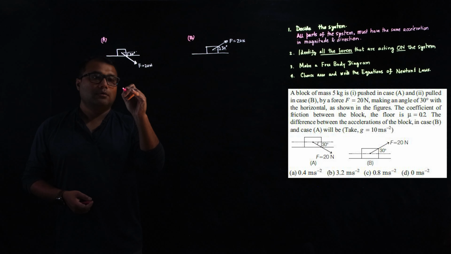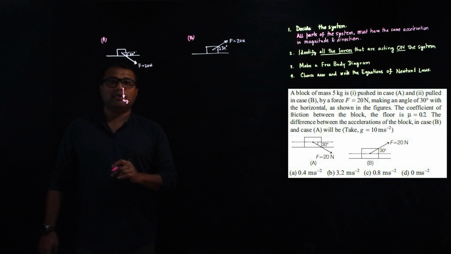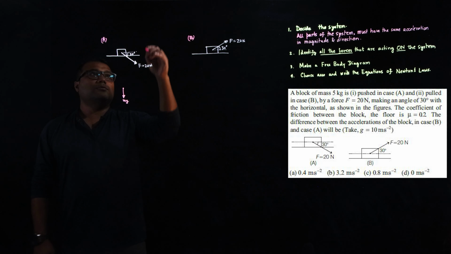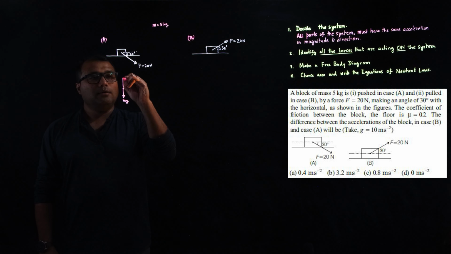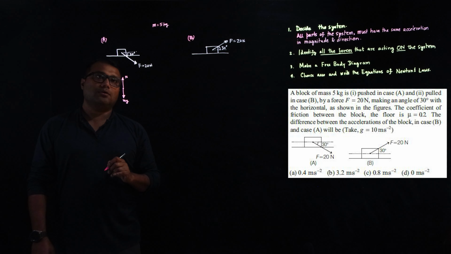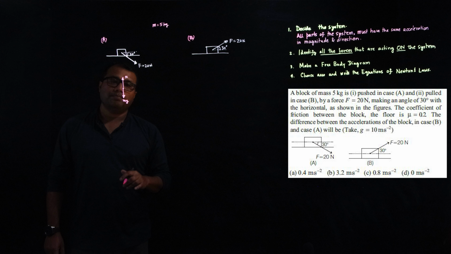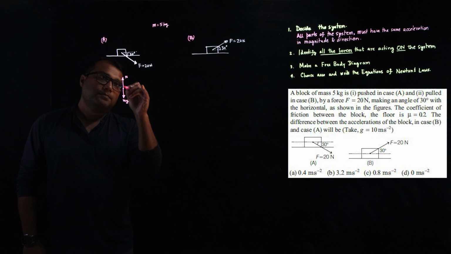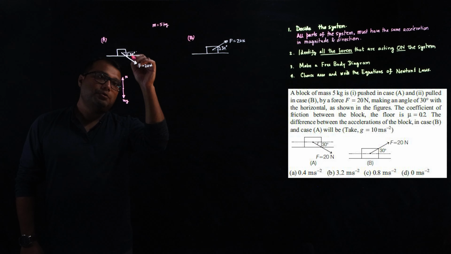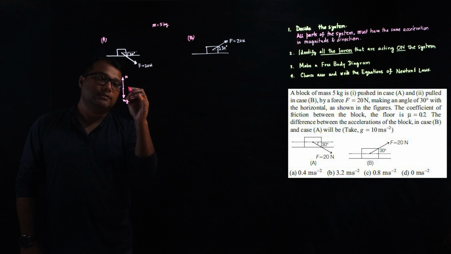So this block has weight mg. Did they give the mass of the block? So mass in both cases is 5 kg. Okay, so mg. Then there is a normal reaction from the surface on the block. Remember, we have to identify all the forces that are acting on the block. Now this force is 20 Newton, 30 degree from the horizontal, so it will have two components.